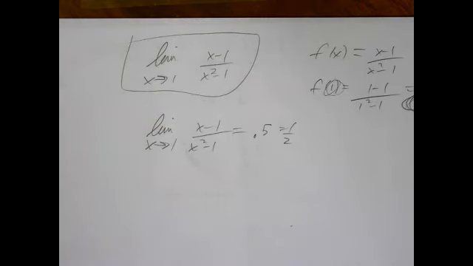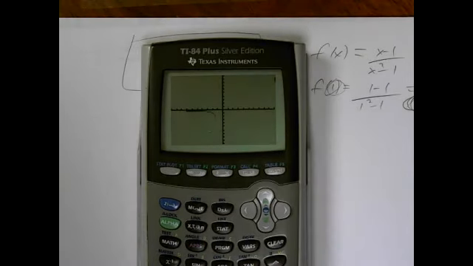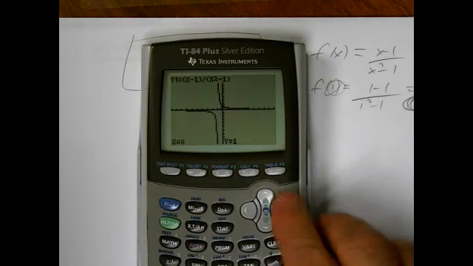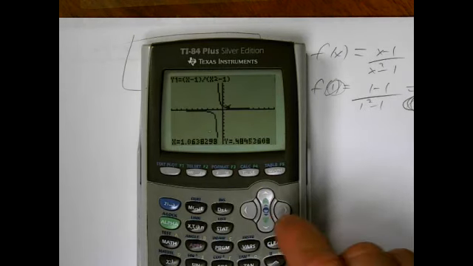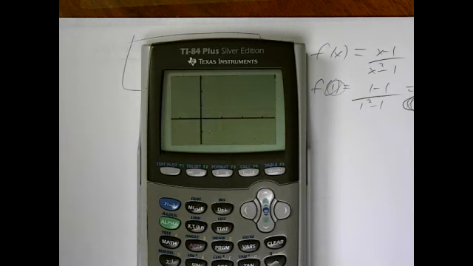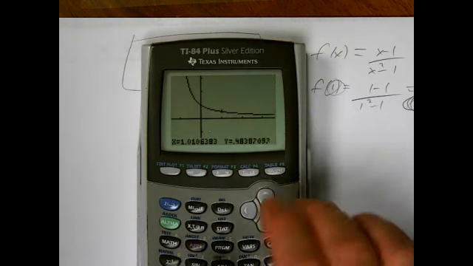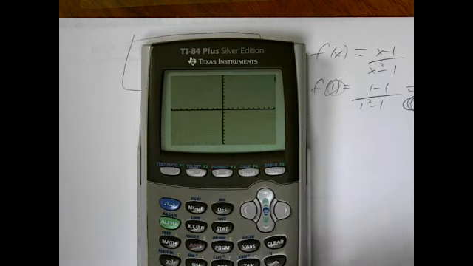If you were to graph it, what you would see, and you would have to look very closely, if you were to do quite a bit of zooming in, what you could eventually see, and it's very hard to pick out, is that the function doesn't actually exist at 1.